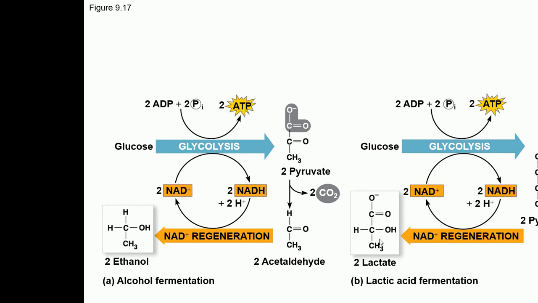So our cells cannot go through aerobic respiration or cellular respiration because it involves many stages. So in that situation, our cells bypass cellular respiration and go through fermentation, because fermentation involves only one step, which is glycolysis, and it produces ATP, although the amount of ATP produced is very less, but it is a quicker way.